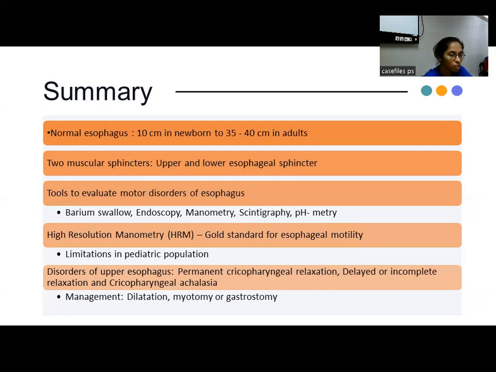The disorders of the upper esophagus include permanent cricopharyngeal relaxation or a delayed or incomplete relaxation of the cricopharyngeus, or cricopharyngeal achalasia. The management of these patients includes pharmacological management, or if they are not responding, we can employ dilatation or a myotomy, or in patients with an increased risk of aspiration, gastrostomy has to be considered.